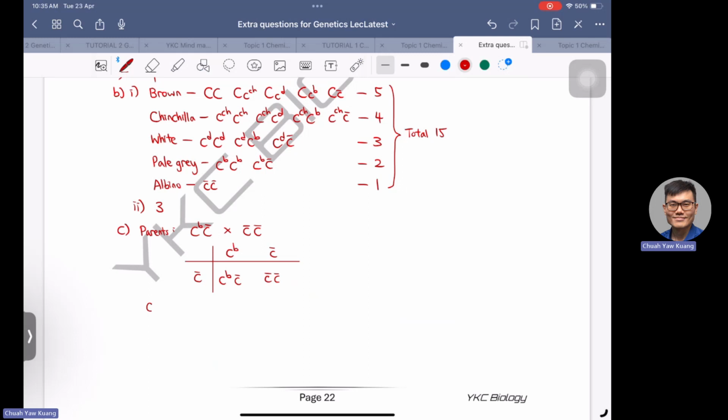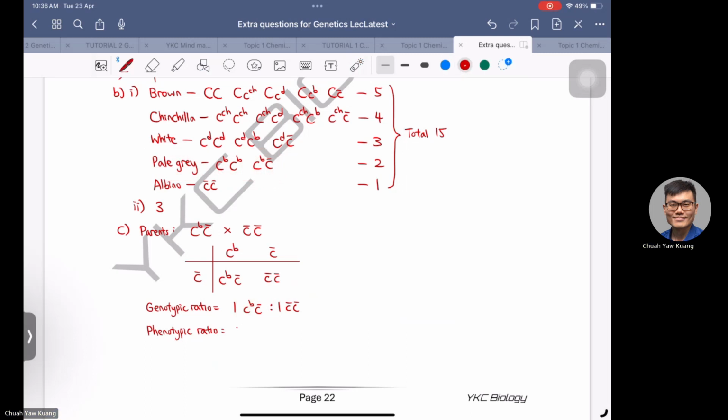So first one, genotypic ratio. The genotypic ratio will be 1 CBC to 1 CC. So that is a 1-to-1 ratio in the genotype. Okay, then the phenotypic ratio: the first one, CBC, would be pale gray.